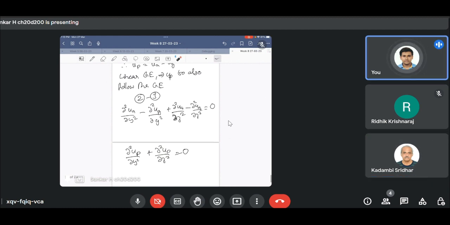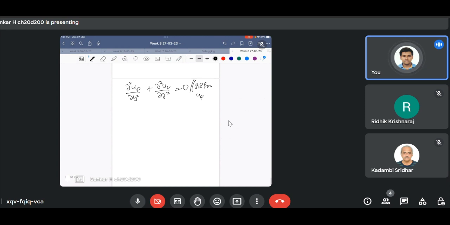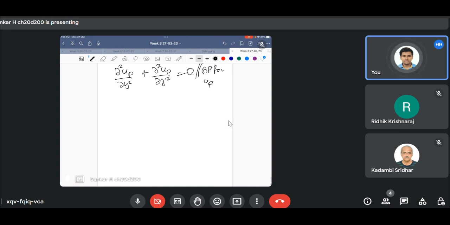So I have the governing equation for the particular solution. Just as I have described the governing equation for the particular solution, I'm going to do that for the boundary condition for the particular solution.